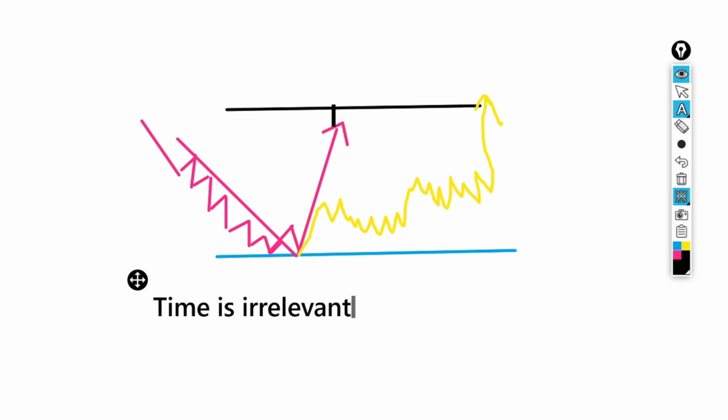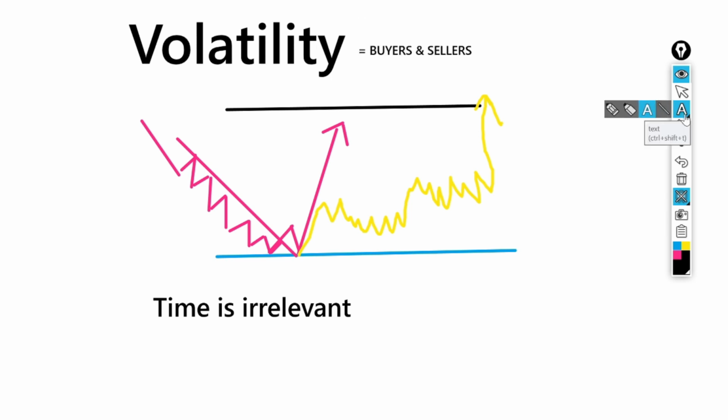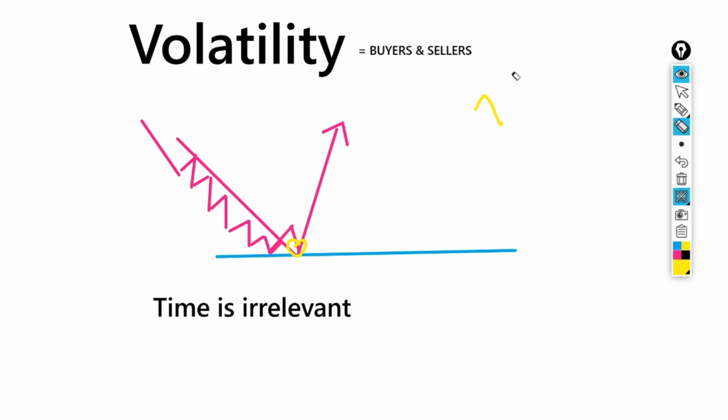You'll get to see that the only thing that matters in the Forex industry is, of course, volatility, right? Volatility is obviously made by what? The power of buyers and sellers. That's what actually causes the market to move. Meaning that whenever I'm going to be trading the Forex industry, guys, I have to know that it doesn't mean that because I want to go for a direction, the market should move exactly like that at that time. So let me explain to you what I mean by this.